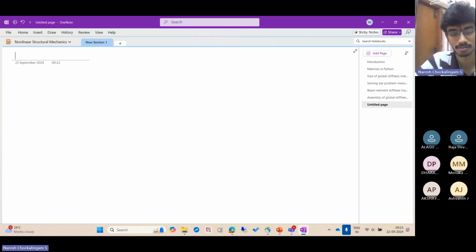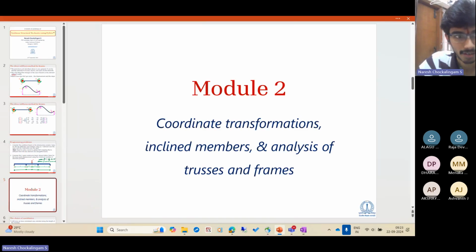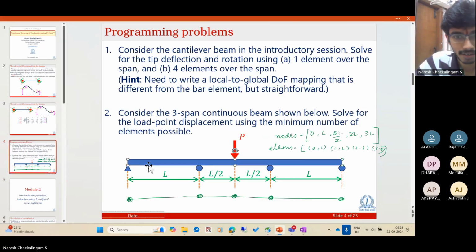This is a continuous beam problem. And this is the problem.